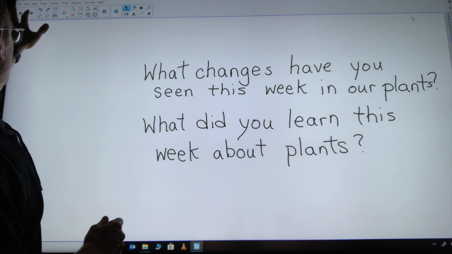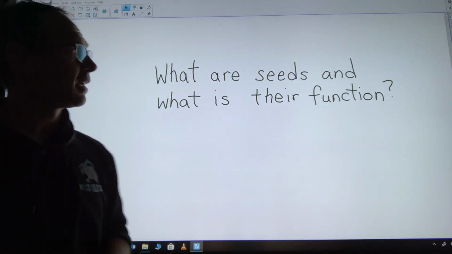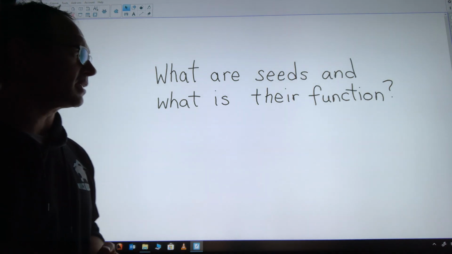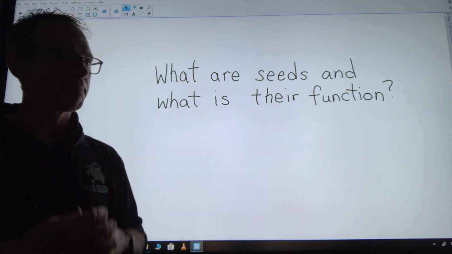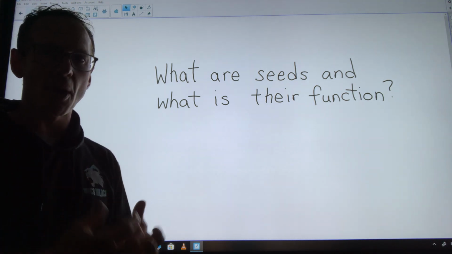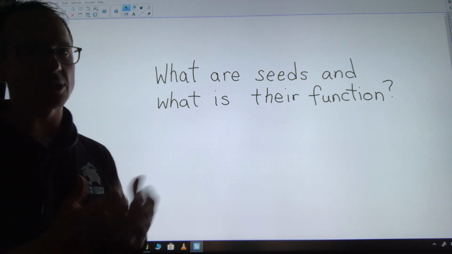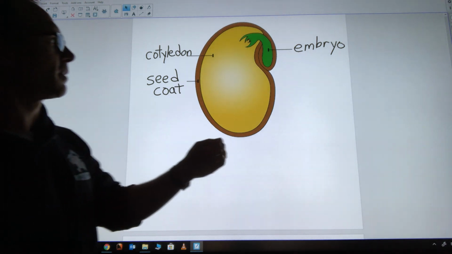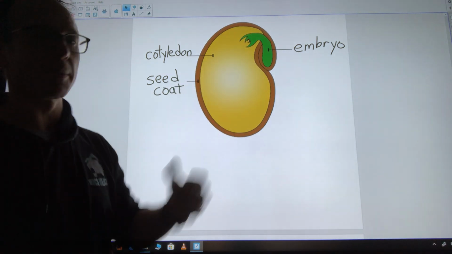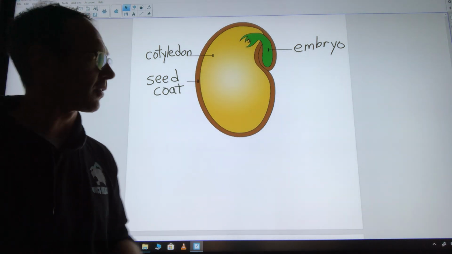So this week we've been looking at different parts of plants. The first part that we looked at were seeds, and what we found out about seeds is that seeds are the part that all plants come from, or at least all seed plants come from. There are three main parts of them. There's the embryo, that's kind of like the baby plant, that's what the plant grows from.